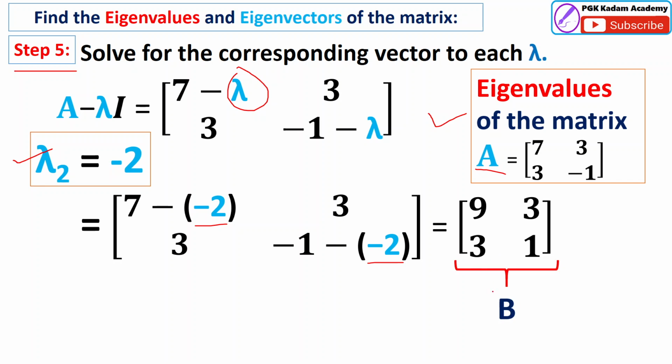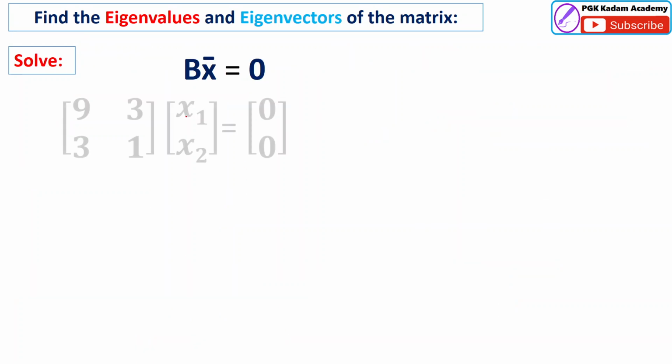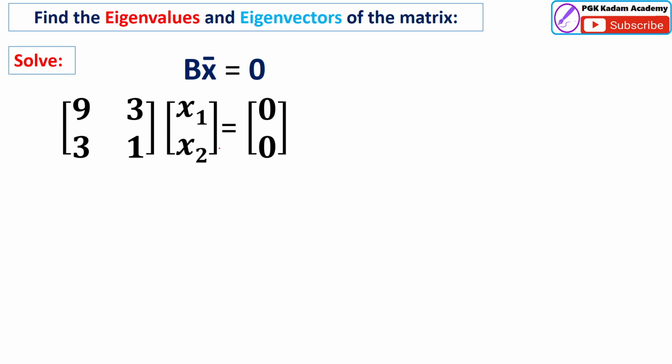Friends, this is the matrix B we are calling, and we solve matrix B times the vector x equals 0. So we continue with Bx equals 0. How to solve? Again we perform row operations, the row reduction, on this matrix.